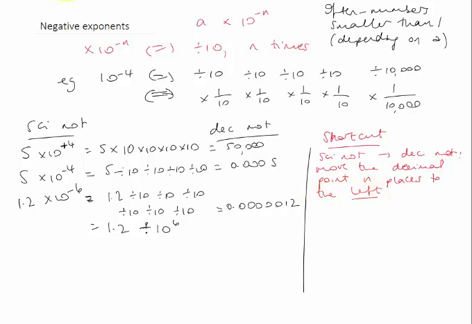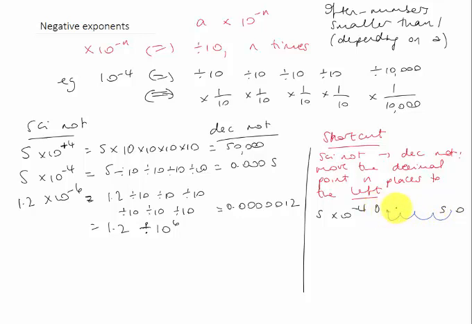So for instance, if you've got 5 times 10 to the minus 4, we write our 5, that's the same as saying 5.0, and I've written it nice to the right of the piece of paper here. Then we move the decimal point 4 places to the left, 1, 2, 3, 4, and then we fill in the zeros like before.